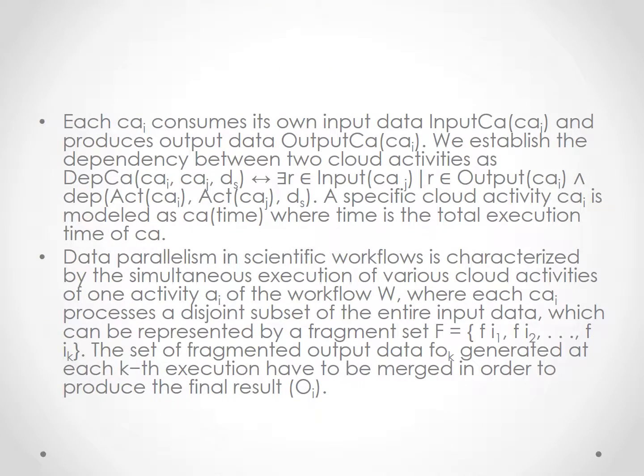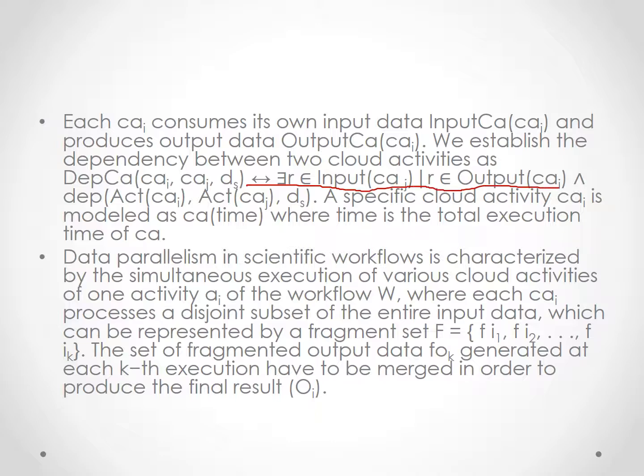Now, each cloud activity CAi consumes its own input data, Input(CAi), and produces output data, Output(CAi). We establish the dependency between two cloud activities as DEP_CA(CAi, CAj, DS), and it can be denoted by this equation right here.